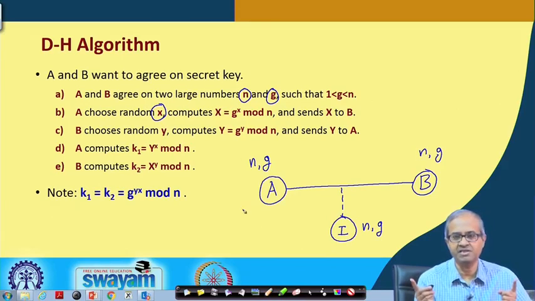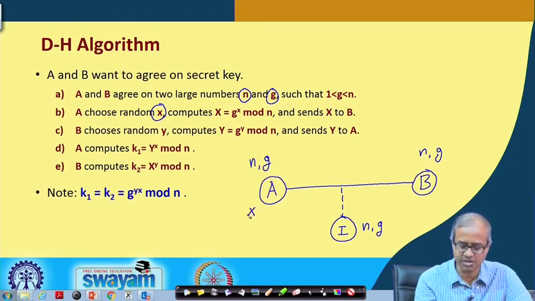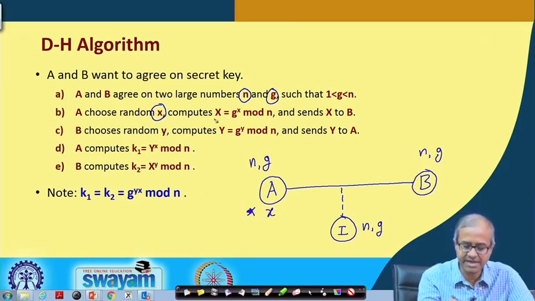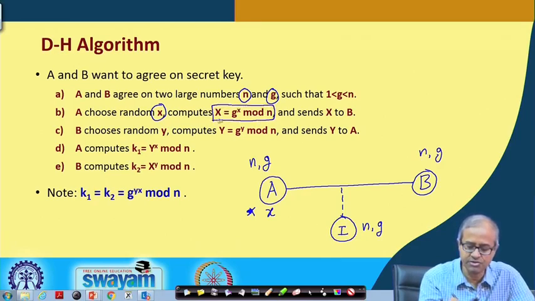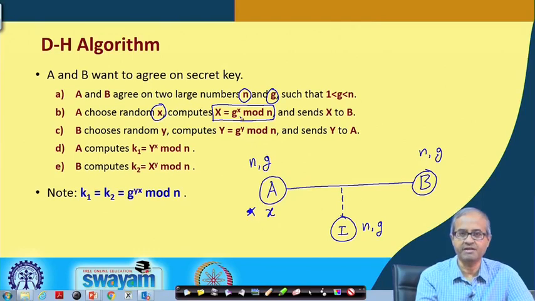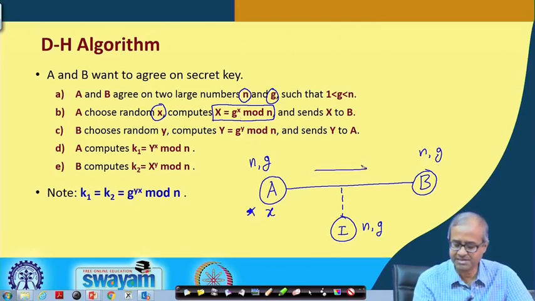These numbers are all large, so I am not mentioning it separately. It calculates capital X equal to g to the power x mod n, and this capital X is sent to B.